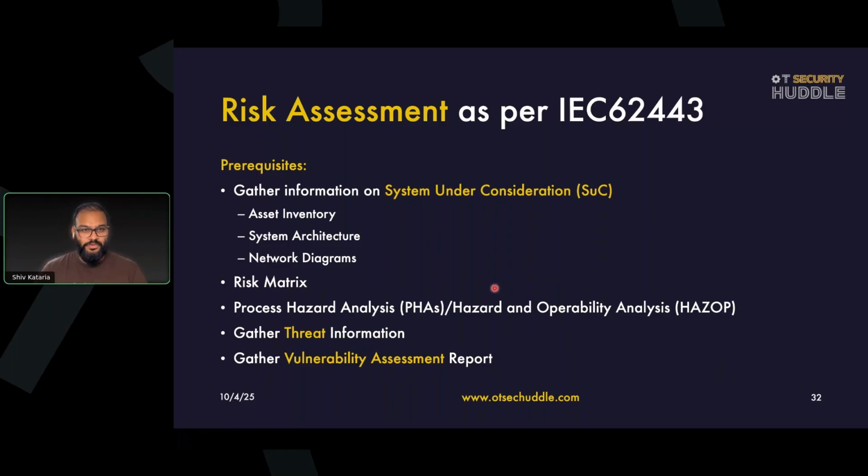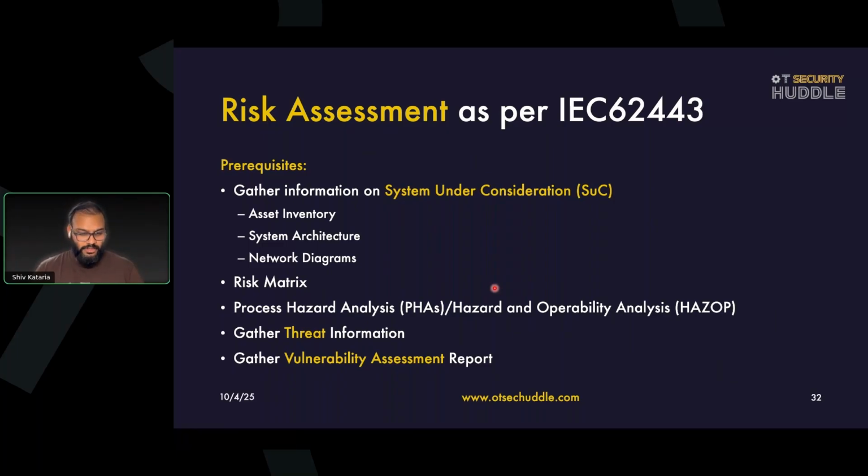Or, if you have a very good asset inventory, you could do it through online resources like the CVE database. You can use make, model, and version number to enumerate the vulnerabilities in these systems. Then you could review and identify vulnerabilities through a policy-based gap assessment, like what policies and procedures they have, and whether they actually have something implemented or not. So yeah, these are the prerequisites before you start.